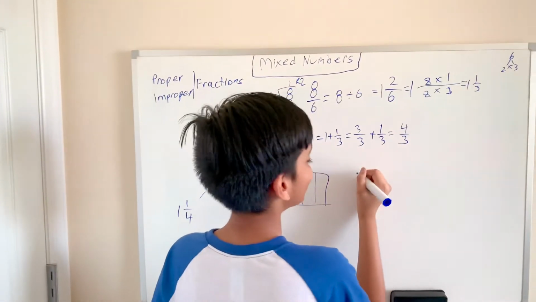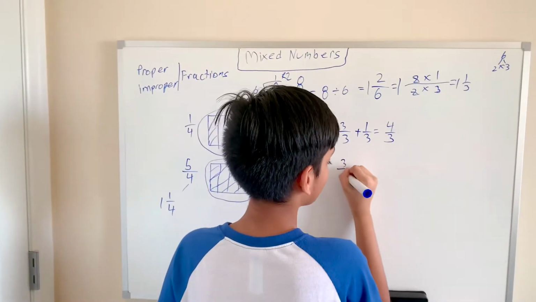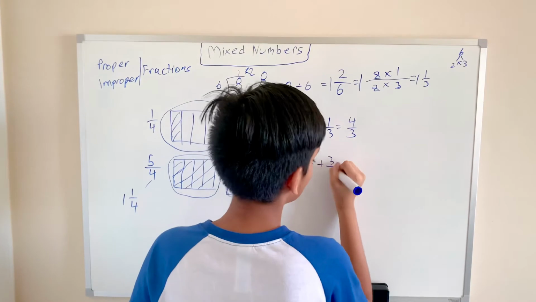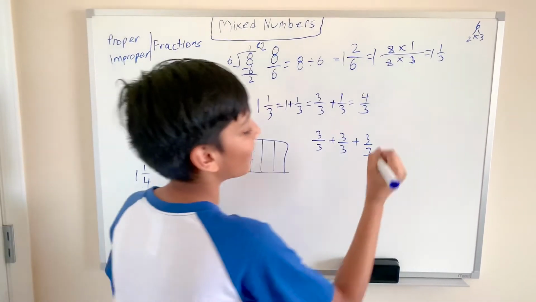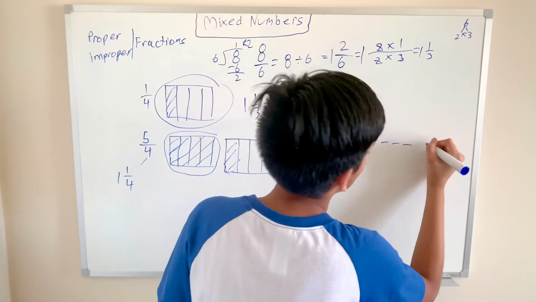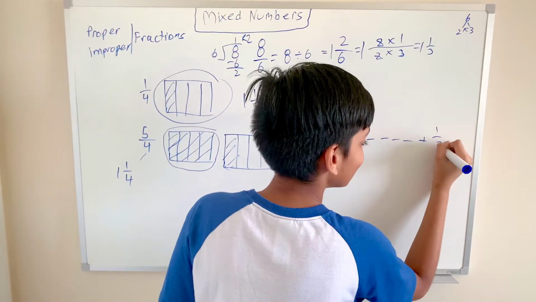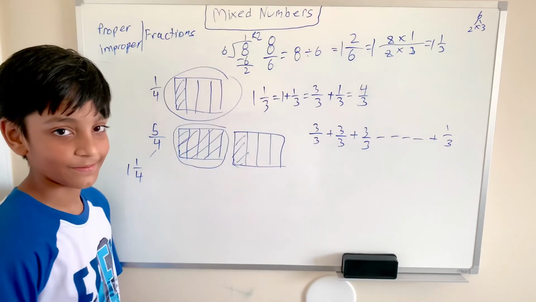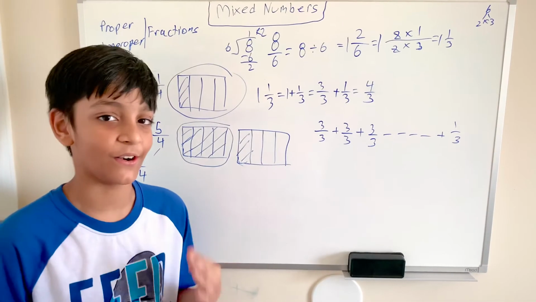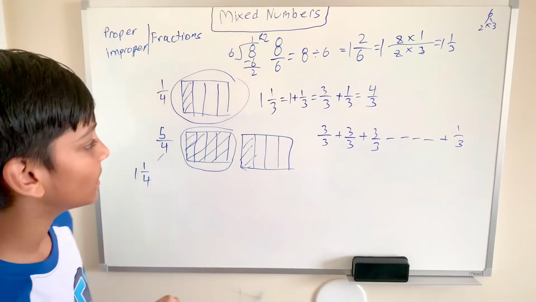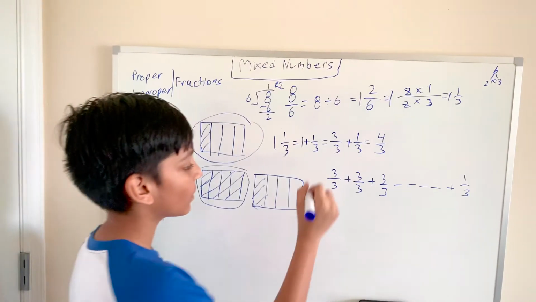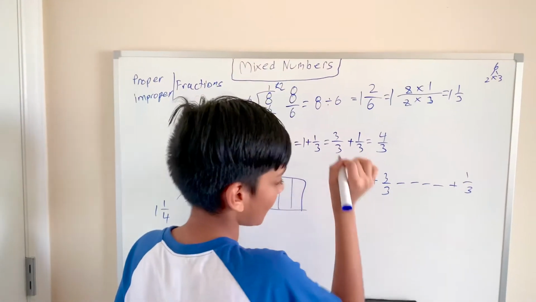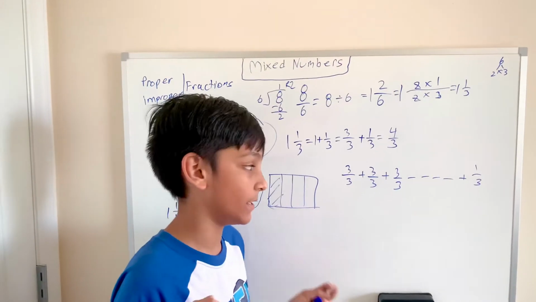We can't keep going 3/3 plus 3/3 plus 3/3 until we do it 50 times, and then add on that last 1/3. That will take very, very long. So what we can do there is multiplication, because we know that multiplication is just repeated addition.